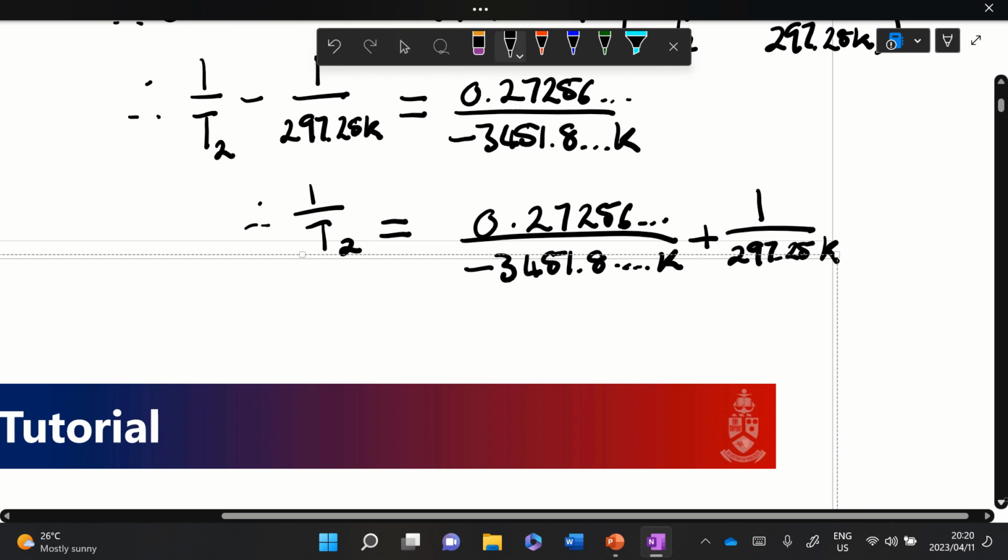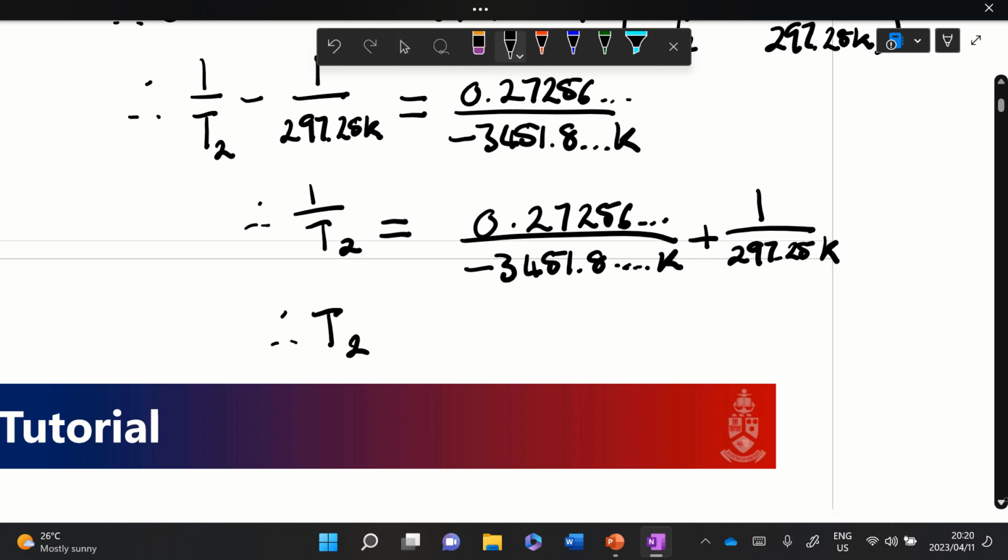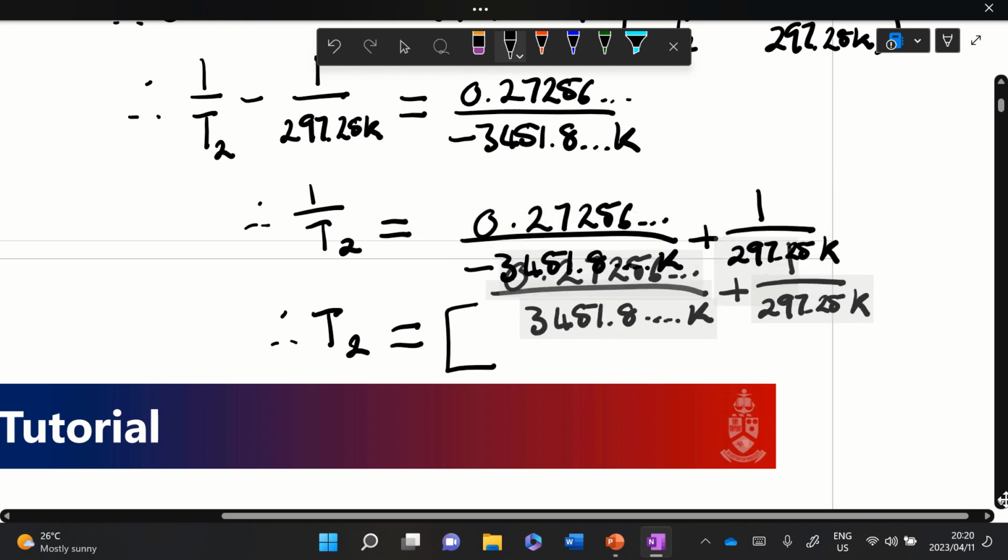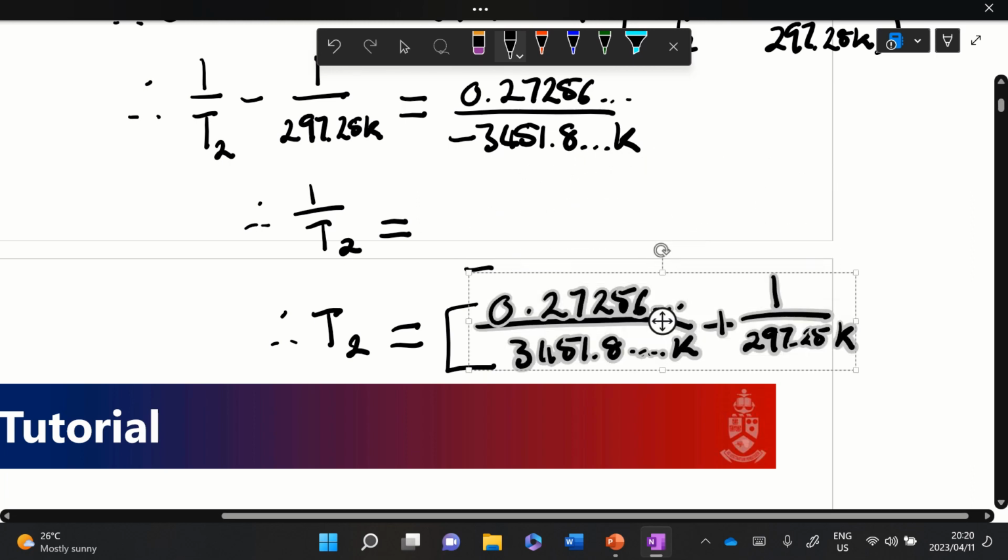So then we say, well, T2 is just equal to 1 over that. So in other words, this whole thing, I'm not going to rewrite that because that's just a waste of time. You know, I have a life as well, believe it or not. Just the minus that got lost in the movement.